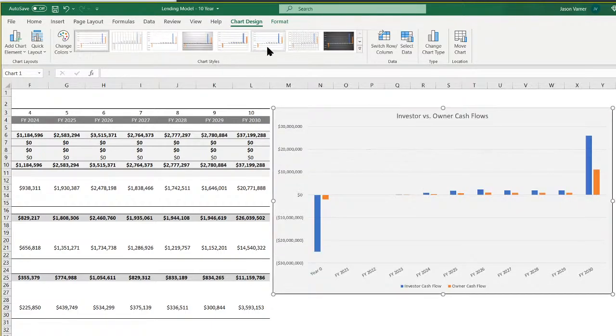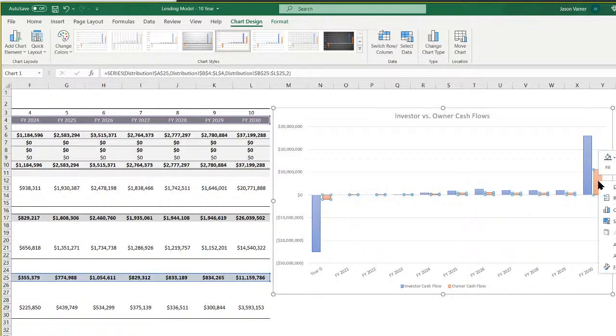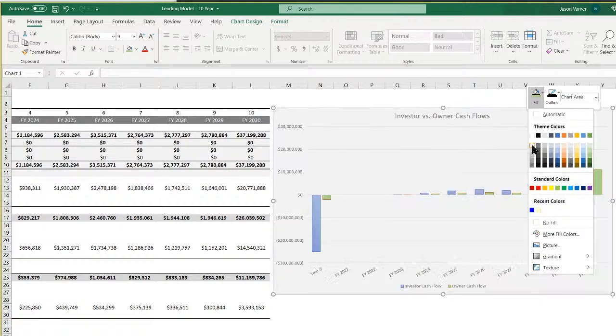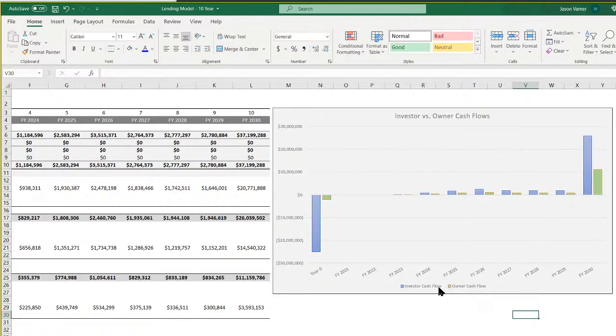I think this one. And then we'll give these guys a different color. Let's do like a green. Do a gray outline, or gray with a black outline. Okay, perfect.